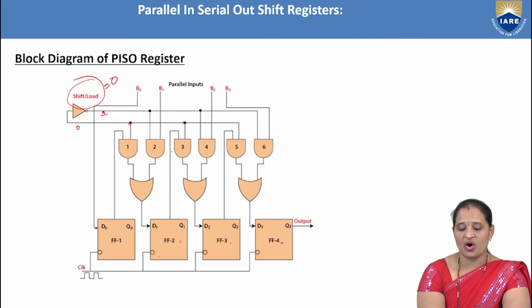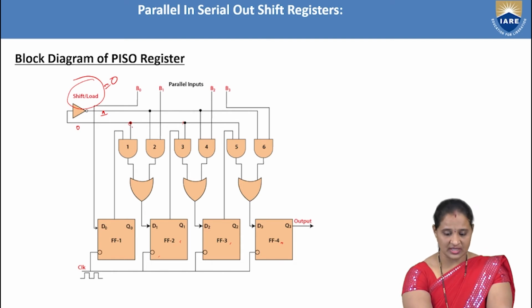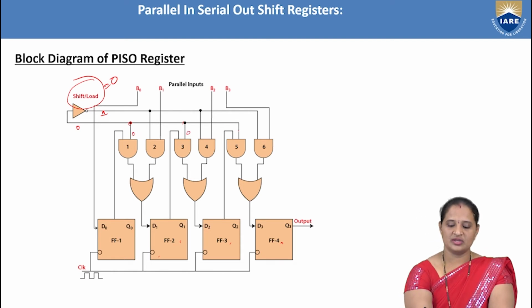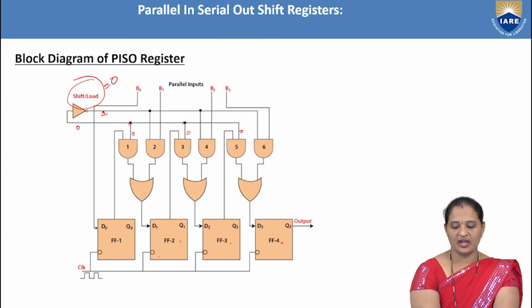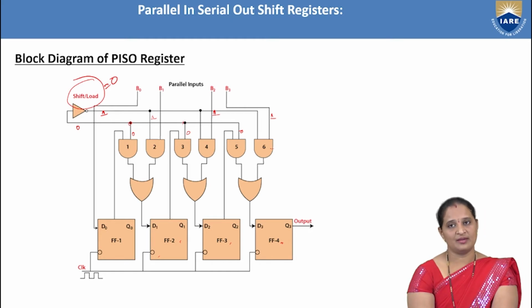So that means all the logic gates 1, 3 and 5 will be disabled, because one of the inputs to these AND gates is 0. Now the remaining even numbered AND gates are applied with 1, 1, 1. So now 2, 4, 6 are enabled here.